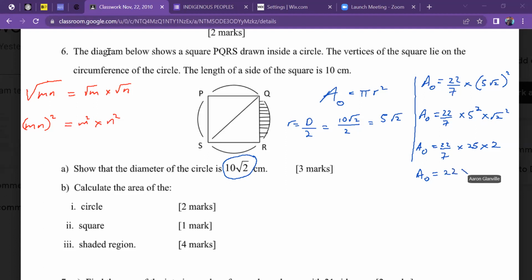There, I got 157.14 centimeters squared. All right, and we're done. 2 marks in the bag.